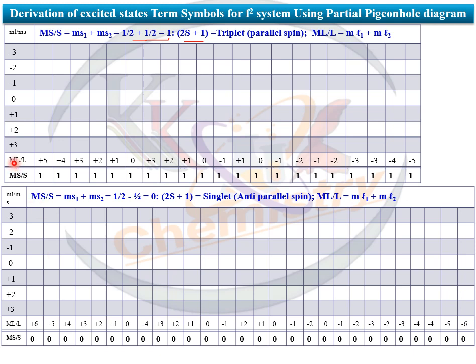So adding both these values, it will give us plus 5. The rest you can calculate in a similar way.